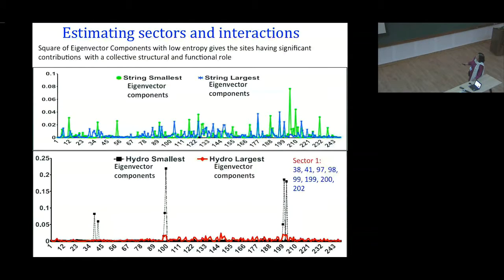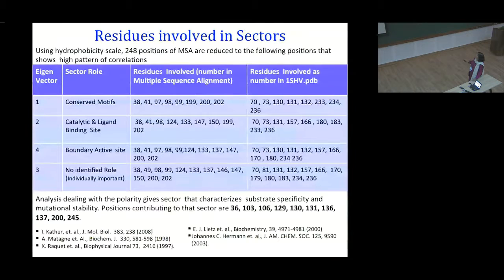In the string case, that is not true. So here we have those numbers, and this is in the real space. And these are the important positions that we found in those sectors.